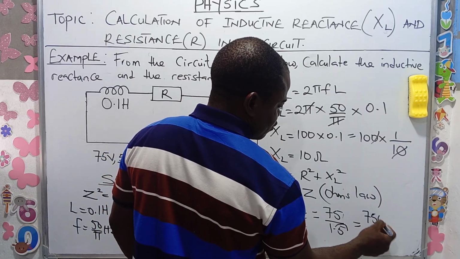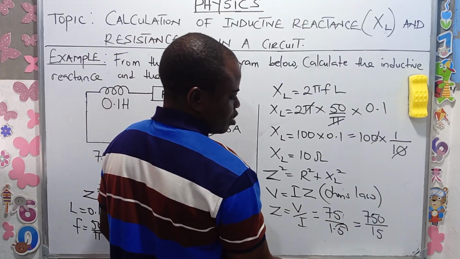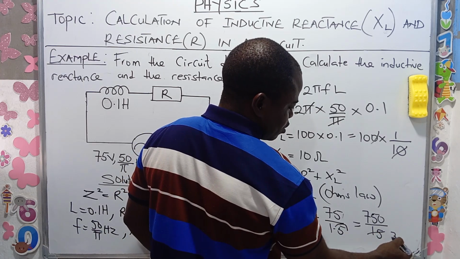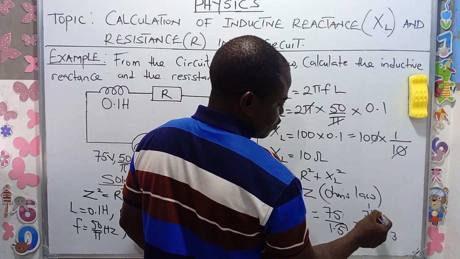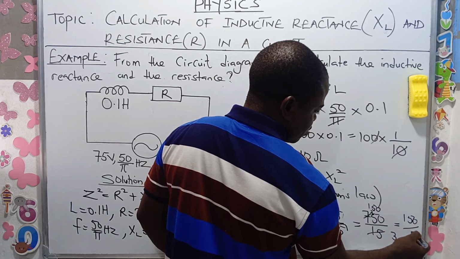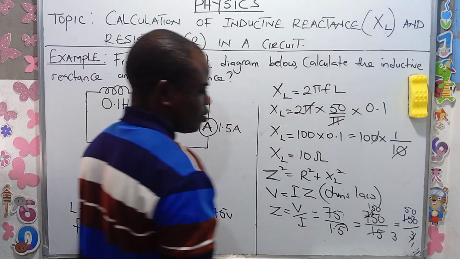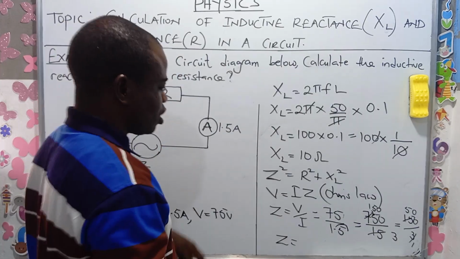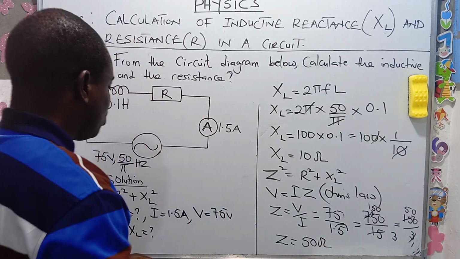Now 750 divided by 15. 5 in 15, that's 3. 5 in 7, that is 1, remainder 2. 5 in 25, that is 5. Bring the 0 up. That's 150 divided by 3. 3 in 3, 1. 3 in 15, 5. That is 0. Now your impedance, the overall opposition to the flow of current in the circuit, is 50 ohms. The unit of impedance is also ohms.